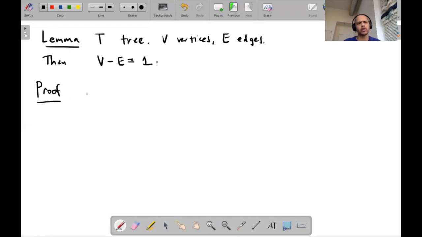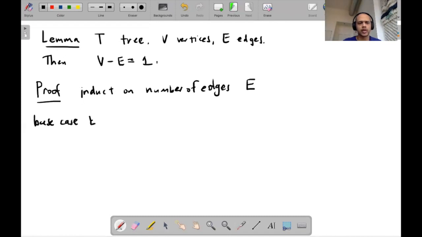The way this is going to work is we're going to induct on the number of edges, which is E. The base case is E is 1, and there aren't many trees with exactly one edge. This is the only possibility.